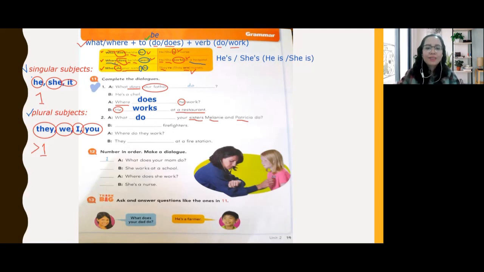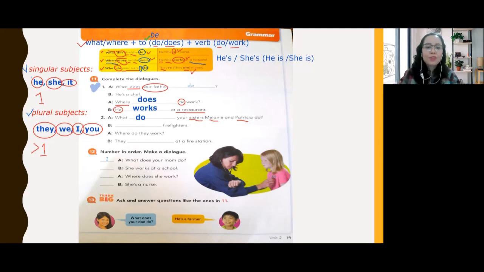And then the answer. So this question is asking about someone's occupation, yeah? Consisting of two persons. So the subject that we are going to use is not we, yeah? But somebody else, yeah? Consisting of two persons.